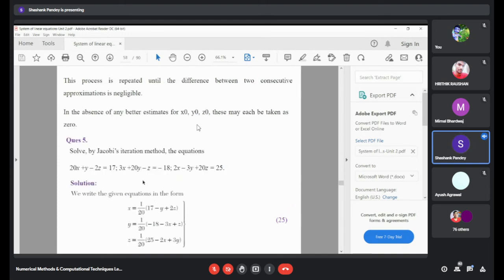And here you can see, solve by the Jacobi iteration method. We are interested in finding the solution of this system of equations. So we can easily write the above system of equations in terms of x, y, and z. So Ayush, can you give the value of your x, y, z if I take the initial value of x, y, z as 0? Ankit, can you give the answer?